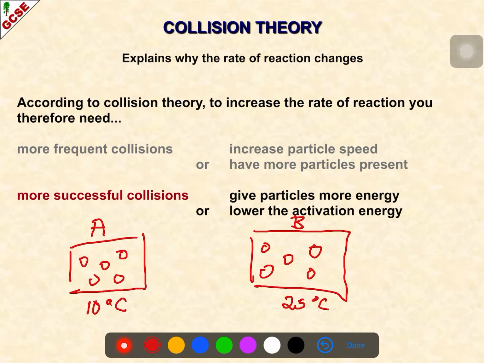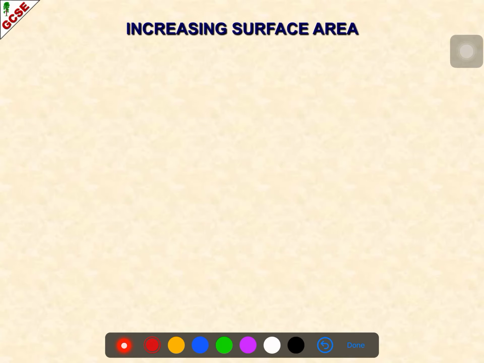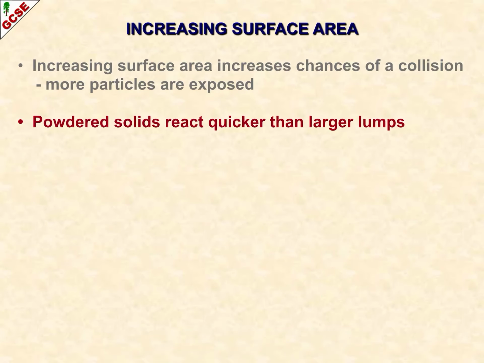So they have the same number of particles, but inside they have different temperatures. Which one would you think will react faster? It is bag B, because it has a higher temperature.